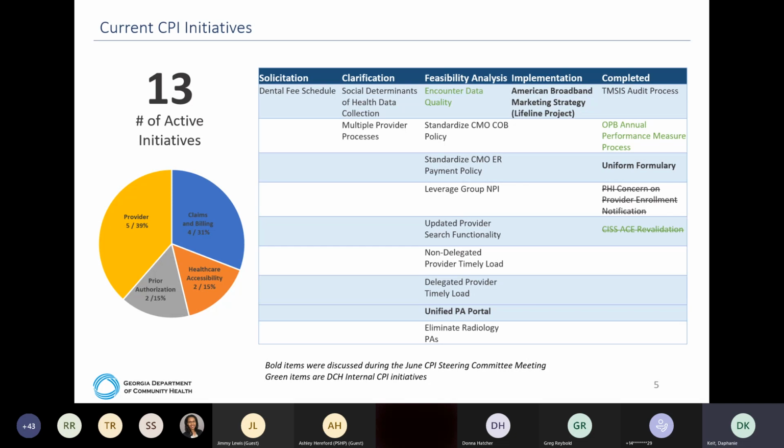And then lastly, implementation. The one item that we are moving full steam ahead on is the Lifeline project. This is a relationship that DCH has built with PulseWorks and American Broadband to bring free cell phones and services, which include a hotspot, to Medicaid members.